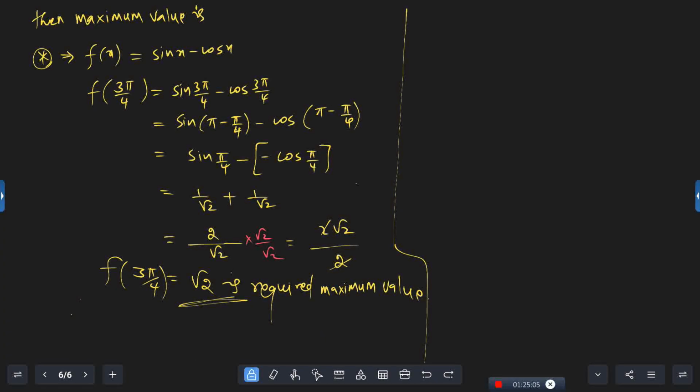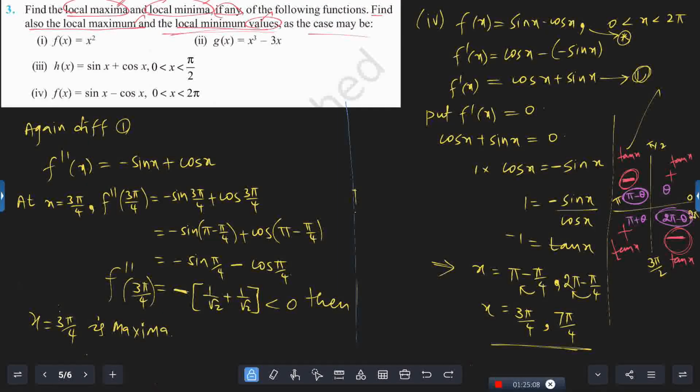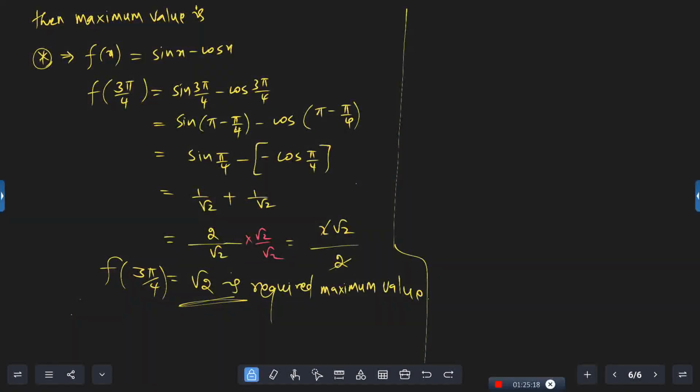For checking, you have to substitute in the double derivative. So in the double derivative you write at x is equal to 7 pi divided by 4. What is that? That means f double derivative.